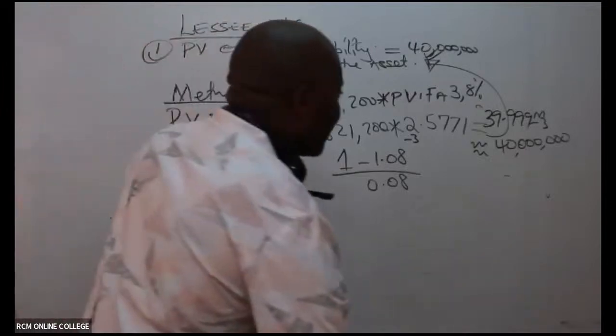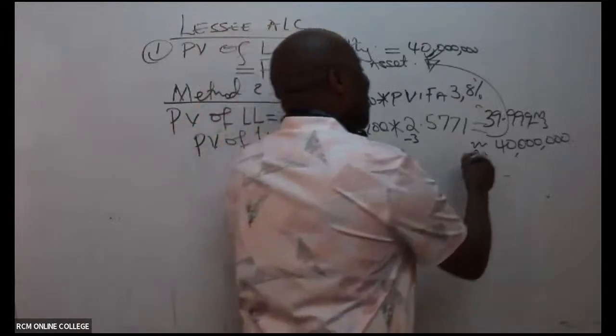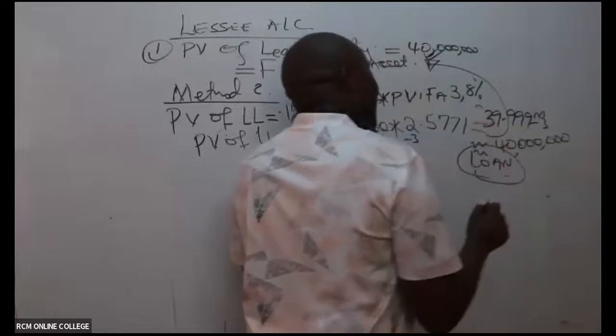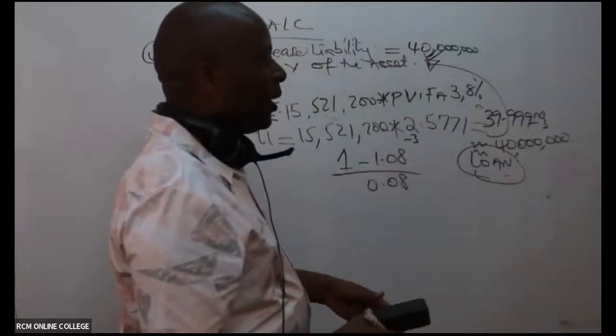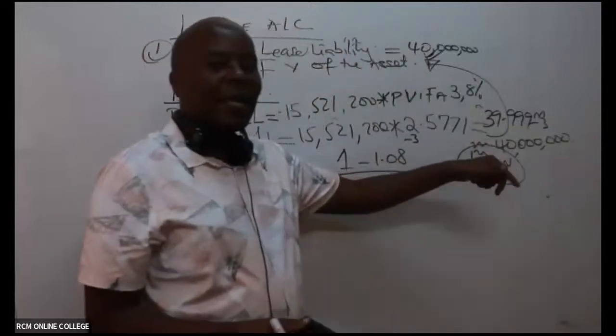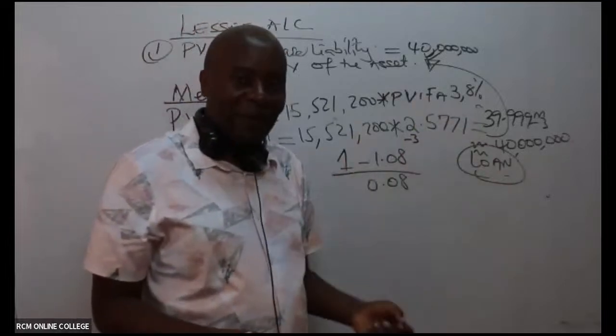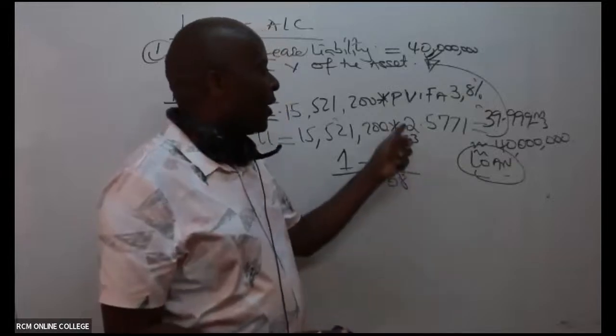Now, ladies and gentlemen, remember this is the total loan. The lessee is not a very rich man. He's supposed to pay this amount at once, but he can't afford it. That's why he's been given three equal installments to pay this.